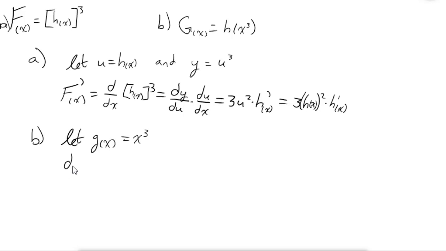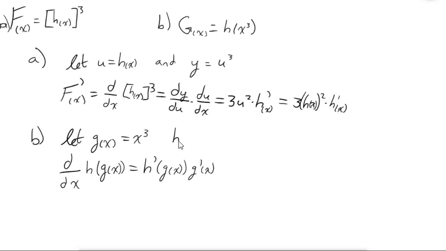So, according to the non-Leibniz definition of the chain rule, the derivative of h of g, in this case, so the hog, h of g of x, is equal to the derivative of h evaluated at g of x multiplied by the derivative of g of x.